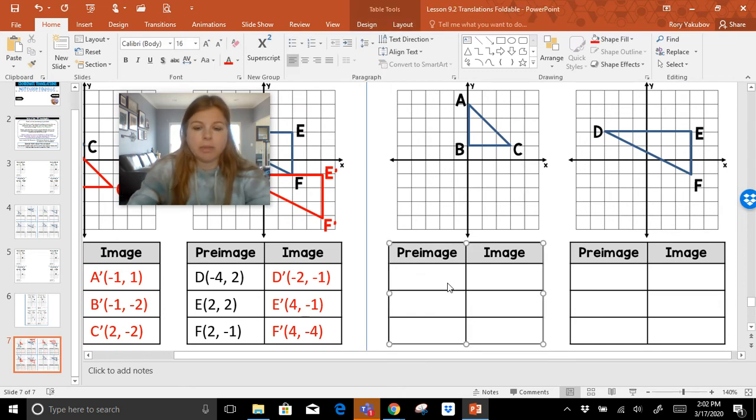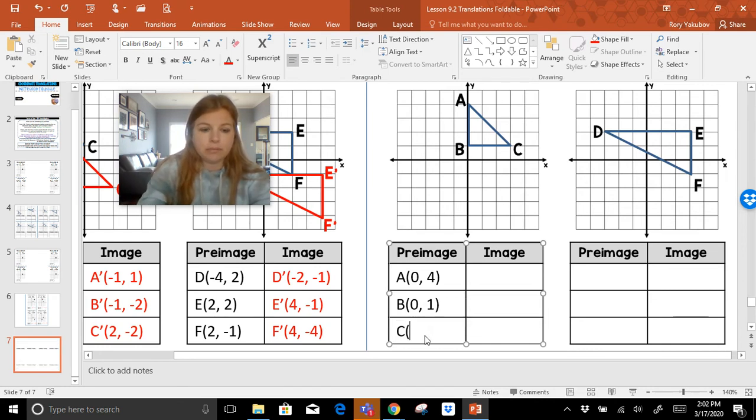Okay. So our image A is at 0, 4. B is at 0, 1. And C at 3, 1. So we're going to move it to the left and then down.